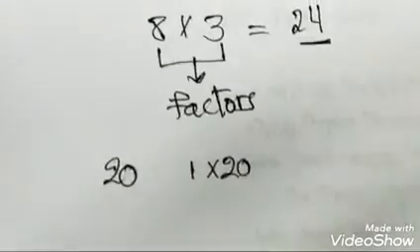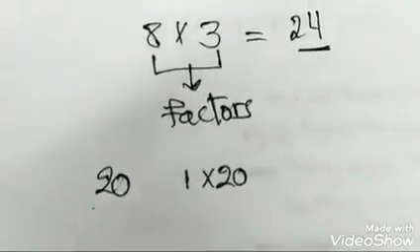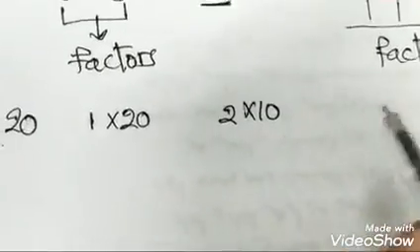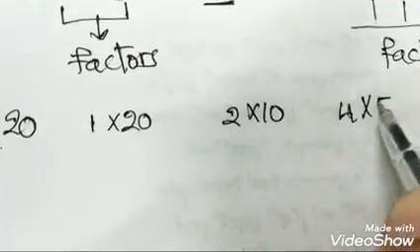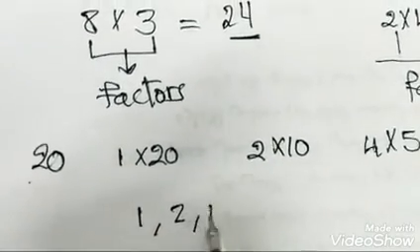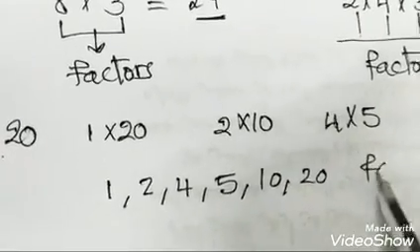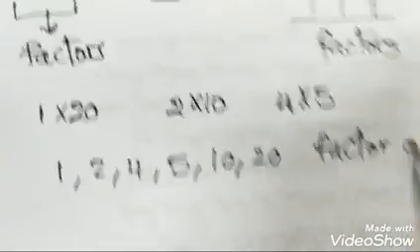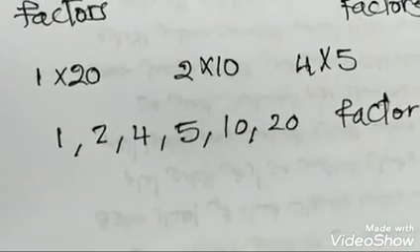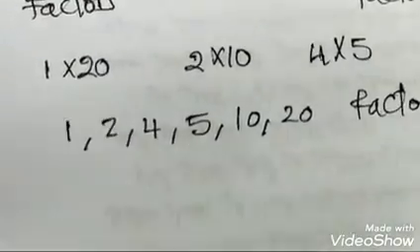What are the numbers that can be multiplied to have a product of 20? 1 times 20, 2 times 10, 4 times 5. So 1, 2, 4, 5, 10, 20 are the factors of 20. This is the meaning of factors.